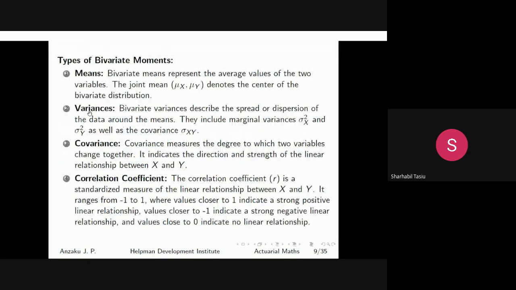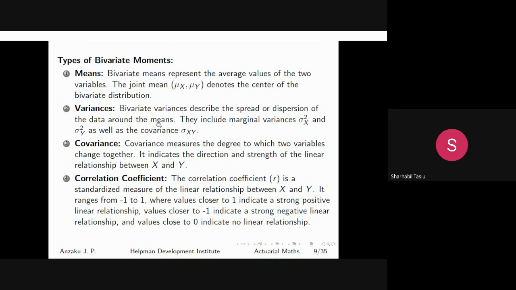The bivariate variance describes the spread or dispersion of the data around the means. Just like the normal variance, it measures the deviation from the mean. Same thing when we're dealing with two-dimensional random variables: we're looking at the spread or dispersion of the data around the two means.